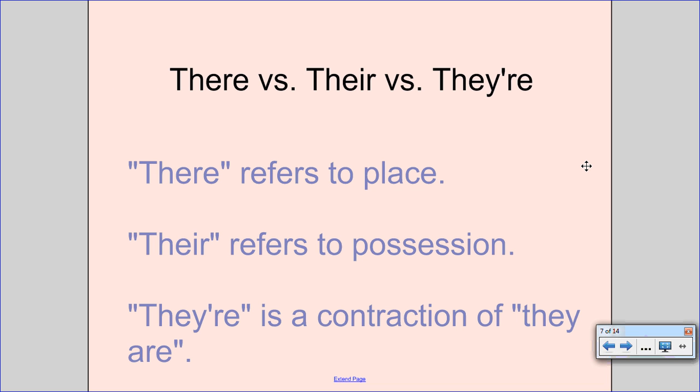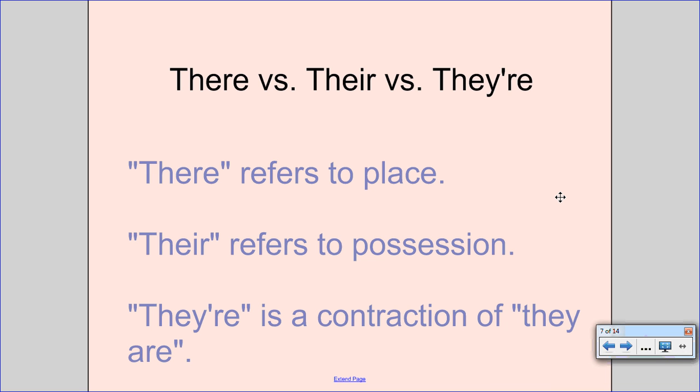All right, there, their, and they're. Three different words. There is the place. Their, with the E-I-R, is possession or belonging to somebody. They're, with the apostrophe R-E, is the contraction they are. This is something that I think we learned in like third grade, but we still seem to see a lot of errors with this usage.